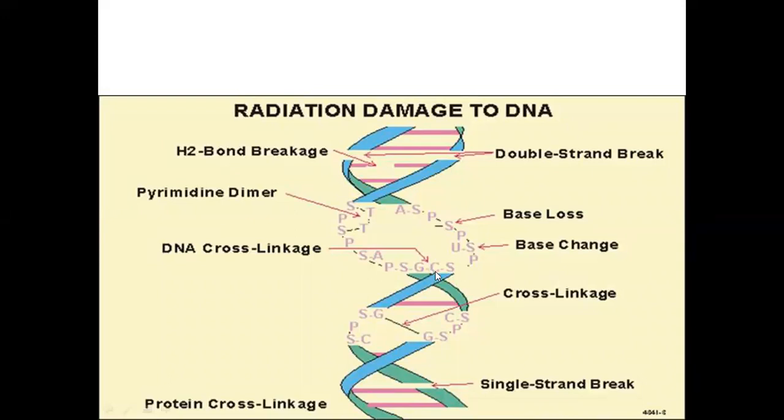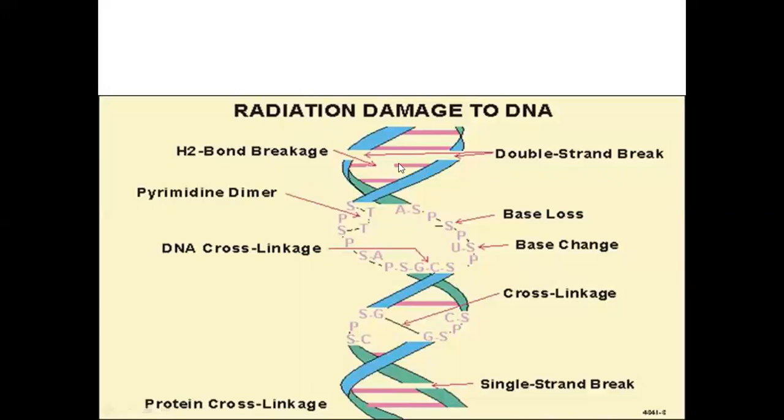We also mentioned that ionizing radiation can cause base change. The bases can change, or it can cause the loss of a base. We also mentioned that these can cause a physical breaking in the strands.